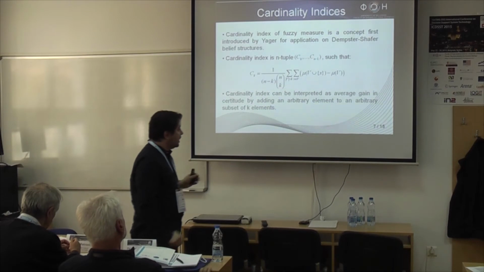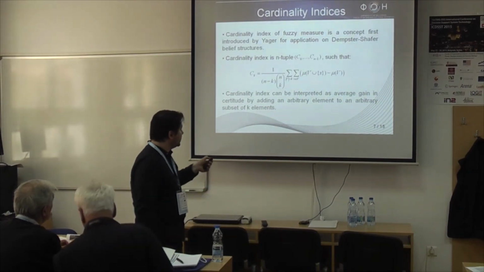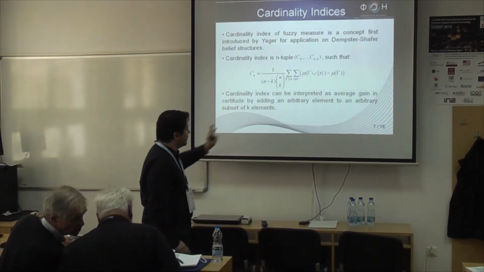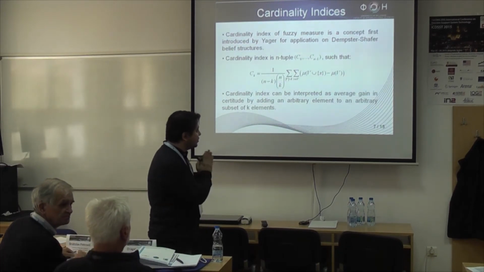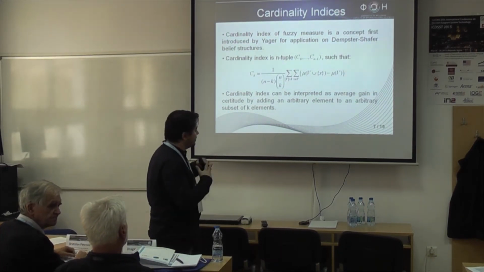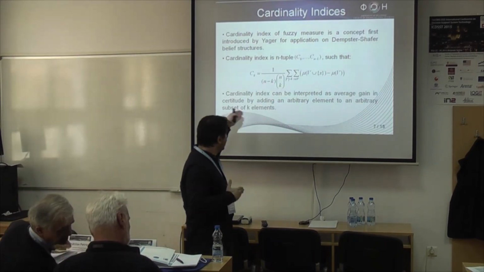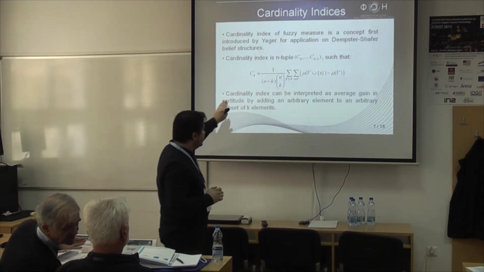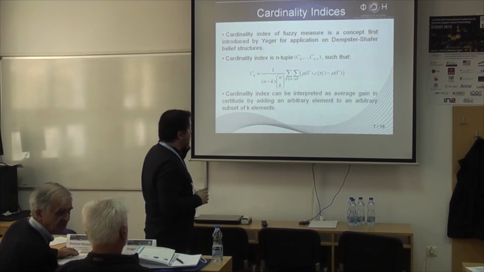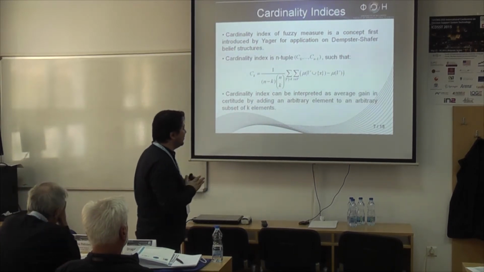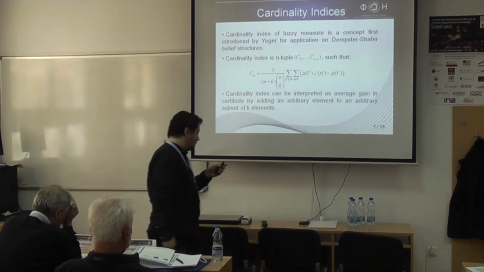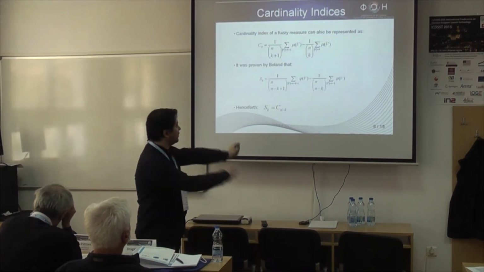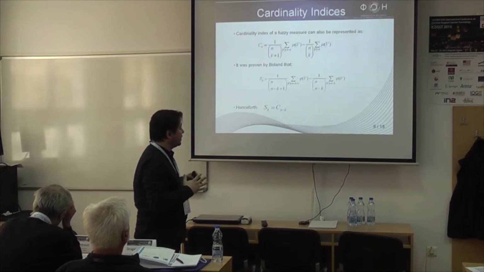As you can see in this formula, we could interpret the cardinality index as the average gain of certitude that is gained by adding an arbitrary element to an arbitrary set of k elements. This property of the cardinality index is going to be very important later when we introduce our logical aggregation for the evaluation of the signature vectors of the whole system.